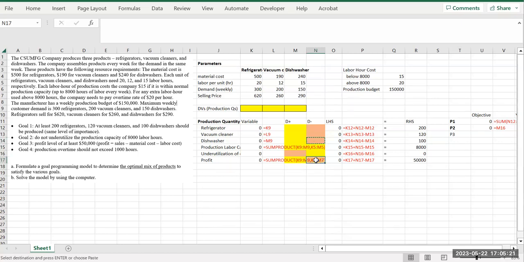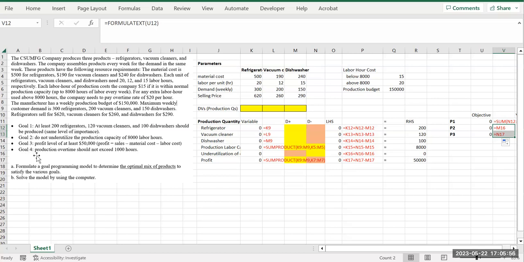So I just highlight that as a bad deviation. Okay, so that's what we want to minimize. So P3 here for priority 3, what we want to minimize is going to be the negative deviation on profit, going under the target of 50,000. So that's what we want to minimize. And of course, that defines our third priority in the list of goals that we have.